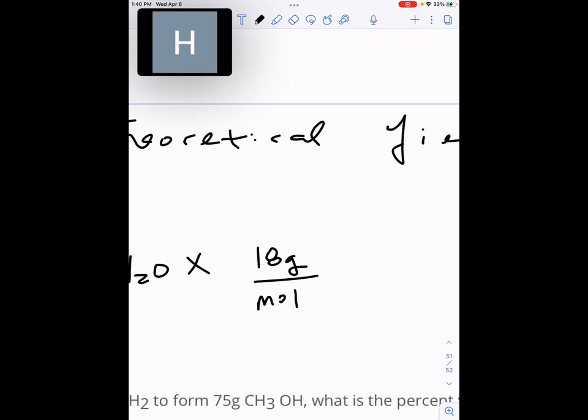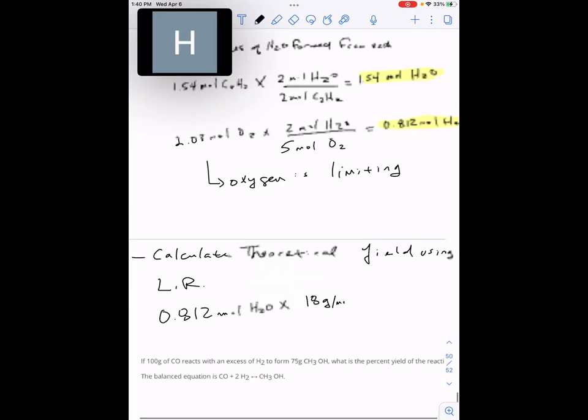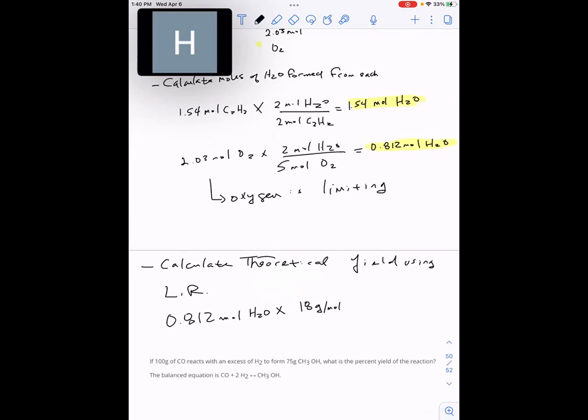Because the water itself is my product, and it has a molar mass of 18 grams per mole. So when you're calculating the theoretical yield, it's the moles produced times the molar mass of the product, right?